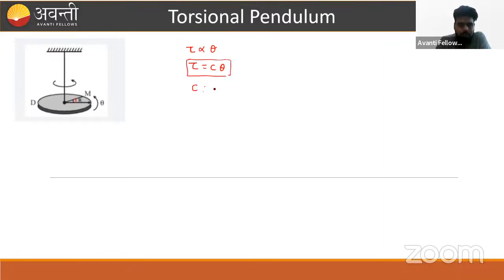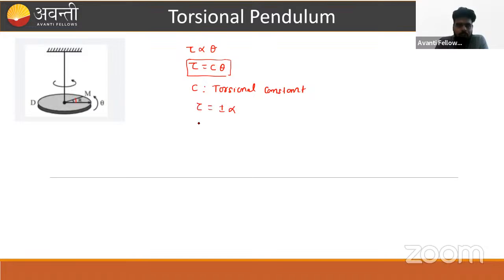What is C here? C is known as our torsional constant. We have to know what the torsional constant is, and sometimes it is also asked what its unit is, so we can find the unit also. This is the restoring torque, and it can be written as I into alpha.